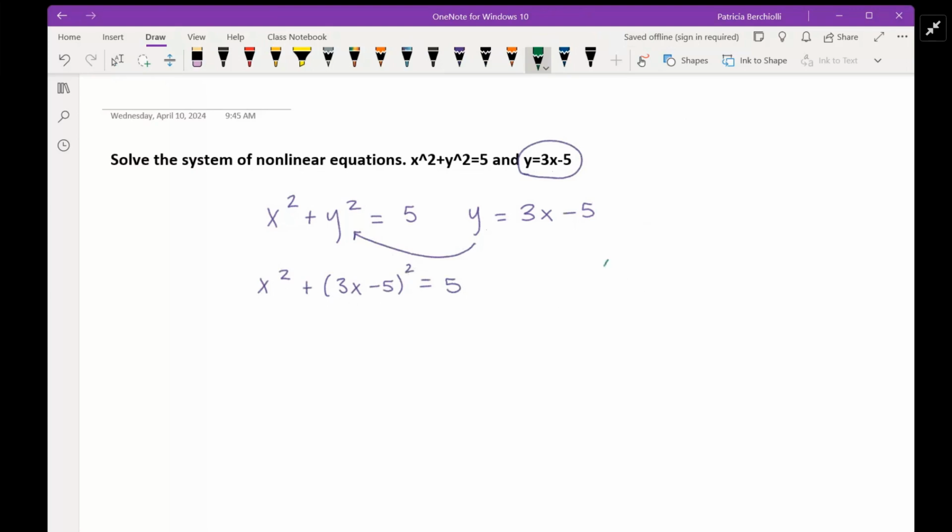To do that, 3x minus 5 squared is the same thing as 3x minus 5 times 3x minus 5. So if we FOIL, we get 9x squared minus 15x minus 15x, and then plus 25. So this is really 9x squared minus 30x plus 25.